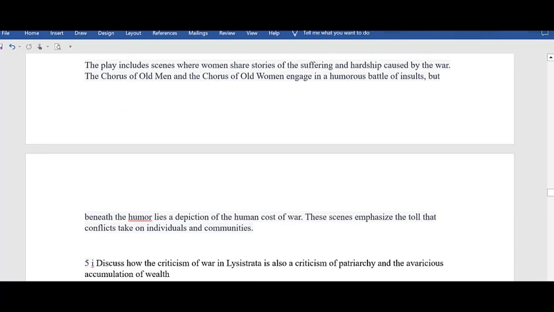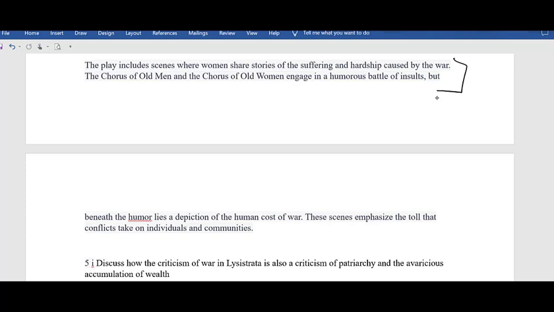And the play also includes scenes where women share stories of suffering, hardships. All those parts are also shared in the story. And the chorus of old men and women exchange a humorous battle of insults, but beneath this, they are constantly abusing each other.